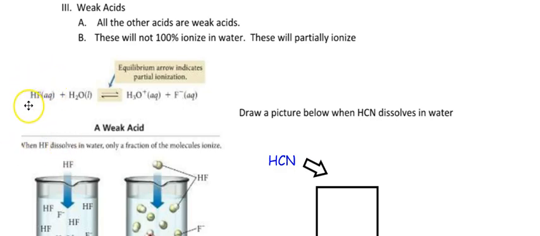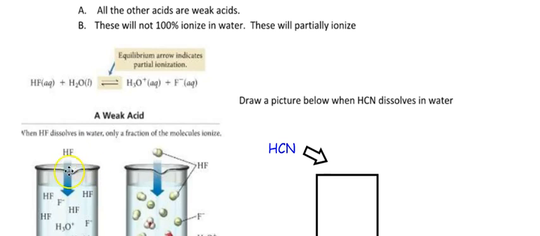What does this mean? If I put hydrofluoric acid in water, I will make some hydronium ion and some fluoride ion. But what can these two come back and do? Can these two bump into each other, react, and form this again? The answer is yes, it can. So look at the picture over here. When HF dissolves in water, what happens?